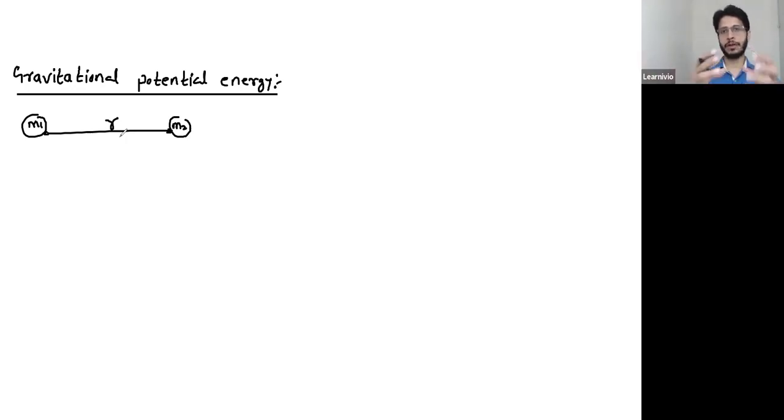Gravitational force. And gravity is conservative. This we did in chapter 6, work, energy, and power, that gravitational force is attractive and conservative. Whenever we have a conservative force, corresponding to that conservative force, we have potential energy.